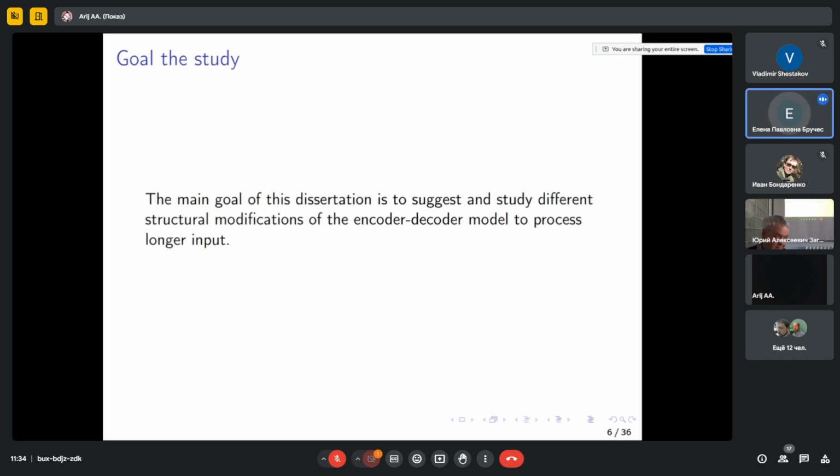So probably the main terms should be defined before your presentation. Main terms such as long input and what other term? Probably positional encodings and so on. Positional encoding. So I think you can look at your work and highlight some more important terms.